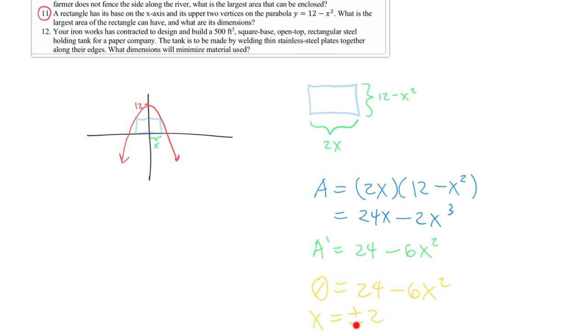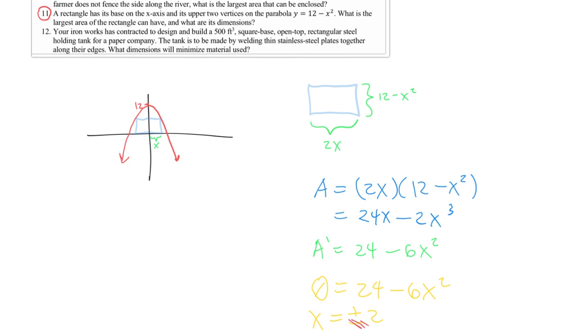So we can disregard the negative one because it wouldn't make sense if we're considering an actual rectangle. Just disregard the xy coordinate plane. In reality, we're considering an actual rectangle that has a particular size. So it makes sense to disregard the negative 2, because it wouldn't make sense for a length to be negative if we're dealing with an actual rectangle. So we can disregard the negative.